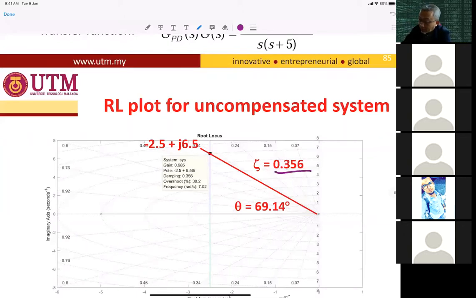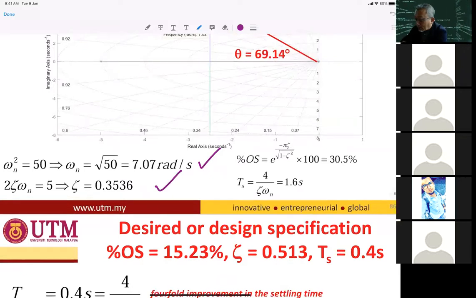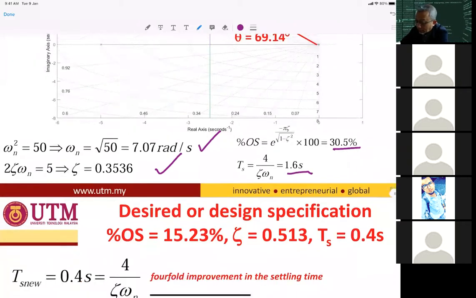And the dominant pole here is -2.5 plus j6.5. So you get 7.07 for the omega n before controller, then zeta 0.356, so the overshoot is 30.5% and Ts is 1.6 seconds. That is before controller design.